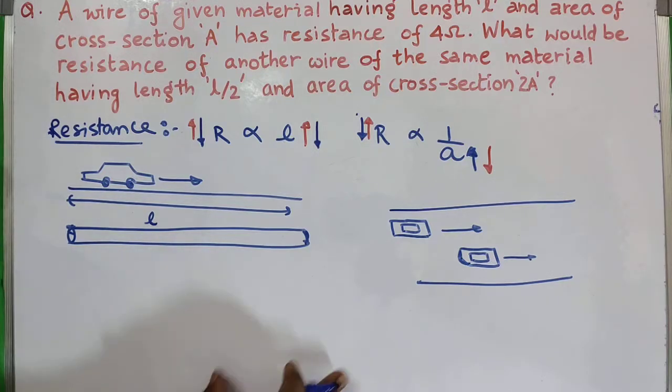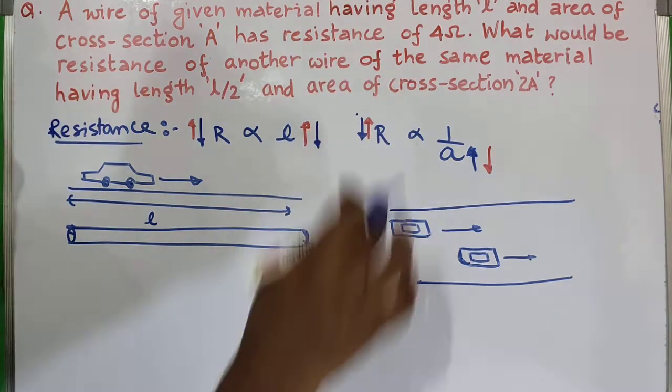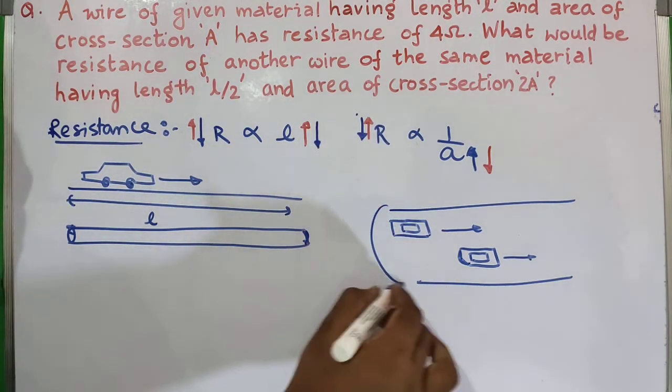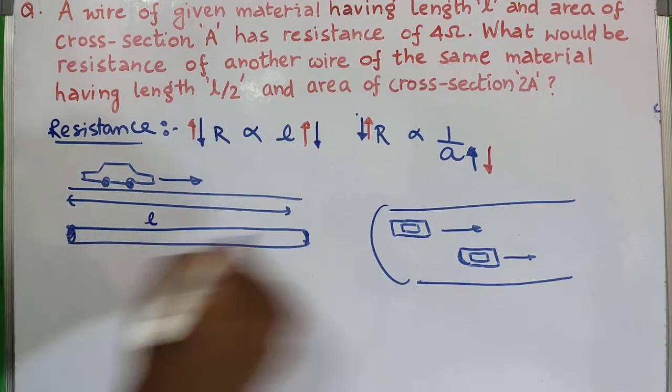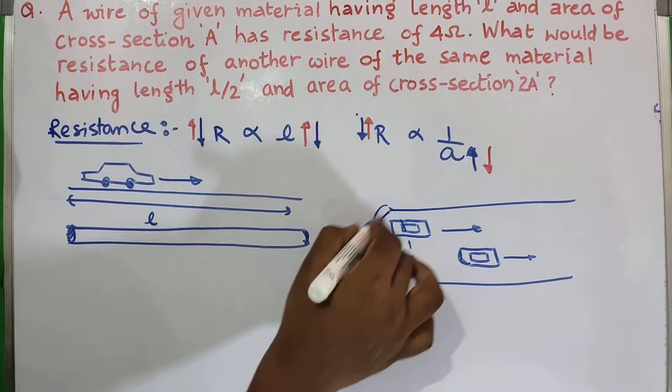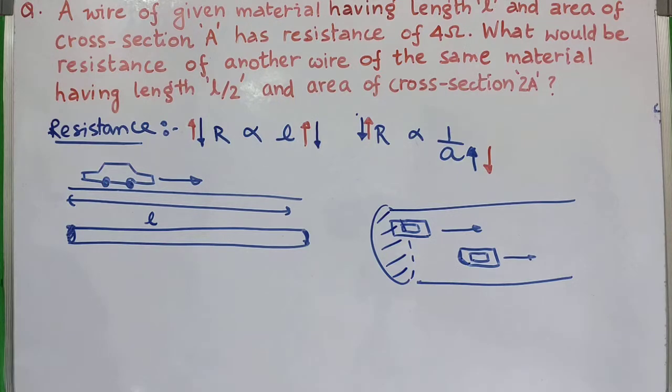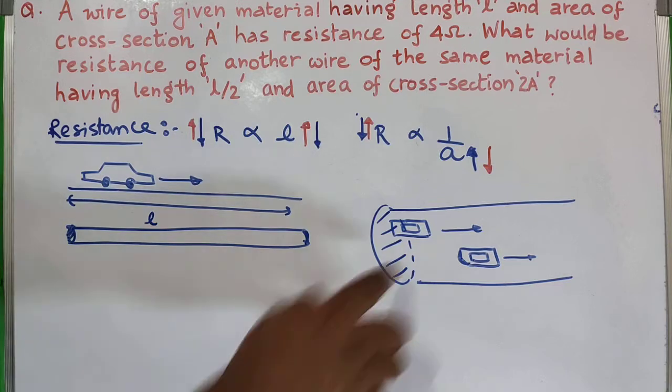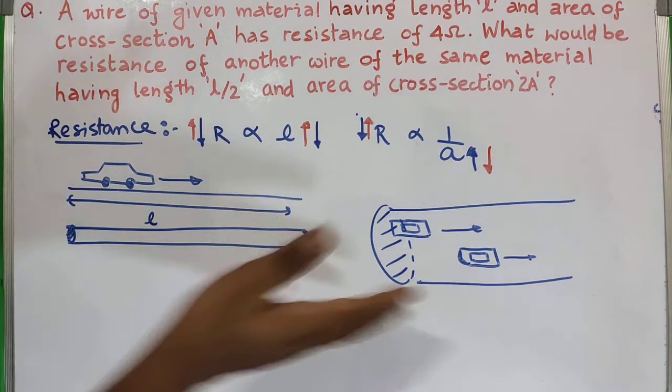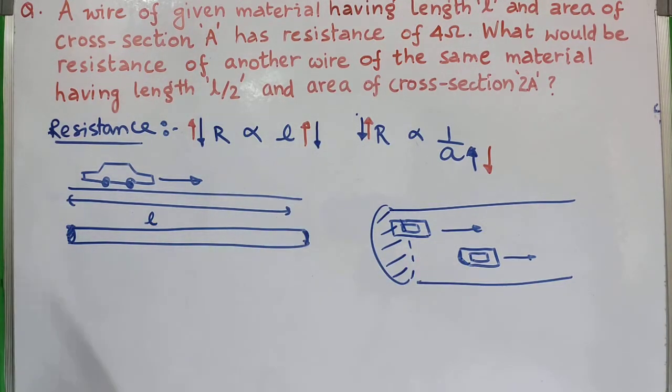In the same way, if the conductor is having more area of cross section, then current will flow easily. So more area, less resistance, less opposition to the motion. Like here, if the width of the road is more, the cars will move freely, right? So less opposition to the motion.